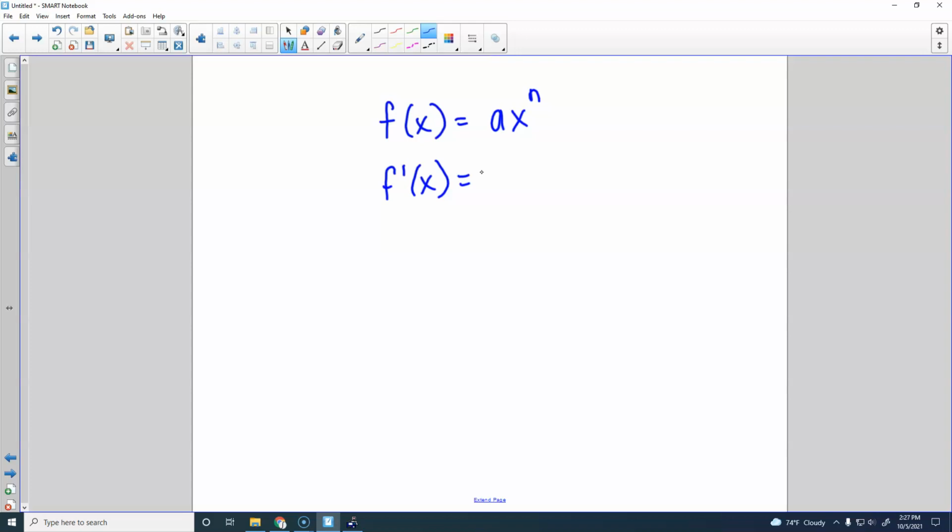Okay, what does your rule tell you? You can then multiply that by 5 halves x to the power of 3 over 2. And then that's your answer. I might have written it back as square root of x to the third. Okay. So that's okay.